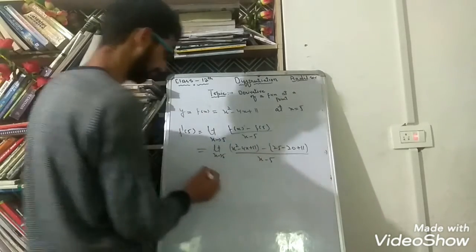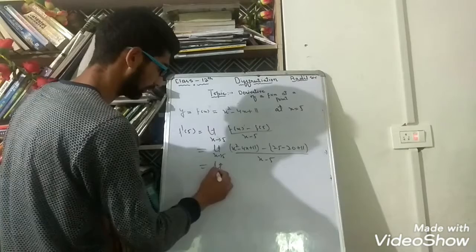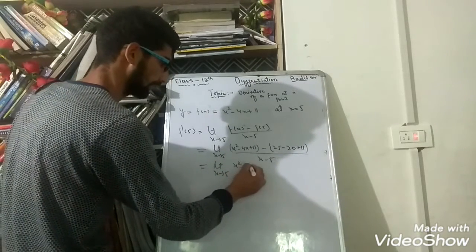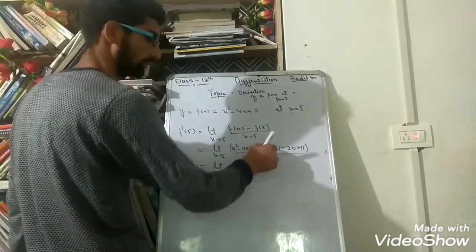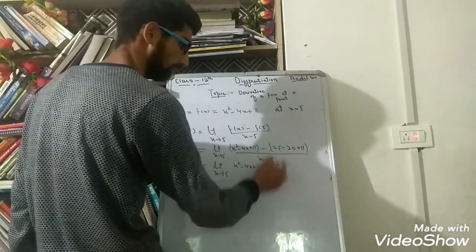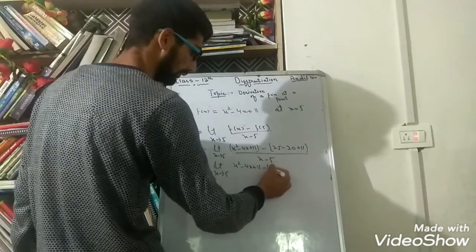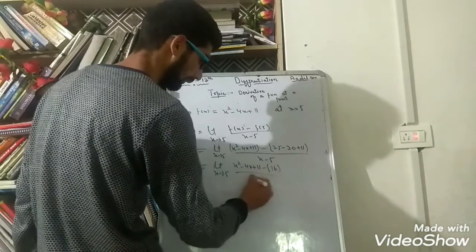So it will now be equal to limit x tends to 5 of x square minus 4x plus 11 minus 5 square minus 4 into 5 plus 11, that is 16, divided by x minus 5.